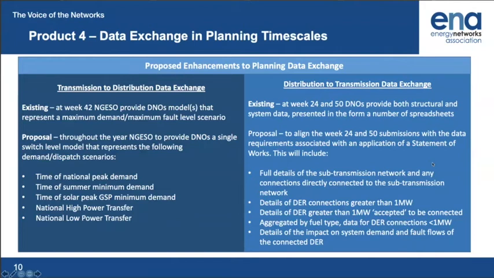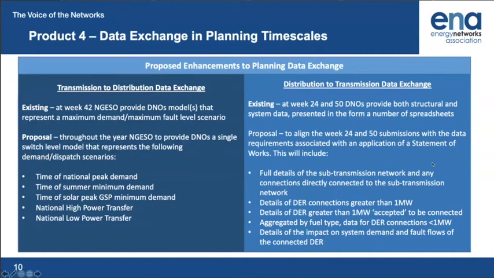We'll also be exchanging aggregated fuel type data for DER connections less than 1 megawatt. So what that will be is, in a typical distribution network where you've got grid supply points and then the next level down is bulk supply points, we will be providing the aggregated DER connected to that part of the network, but we'll disaggregate that by fuel type.